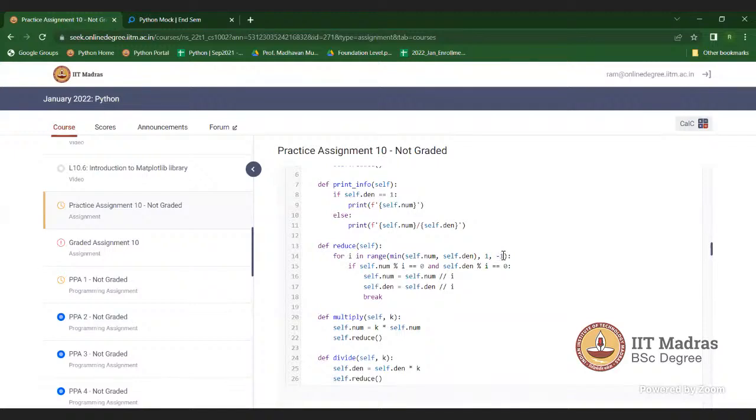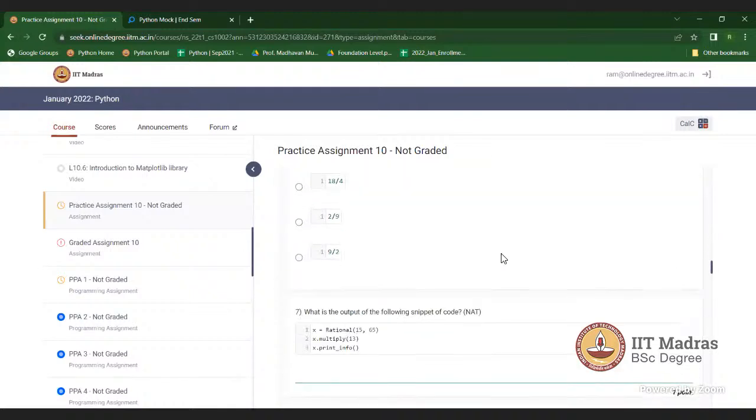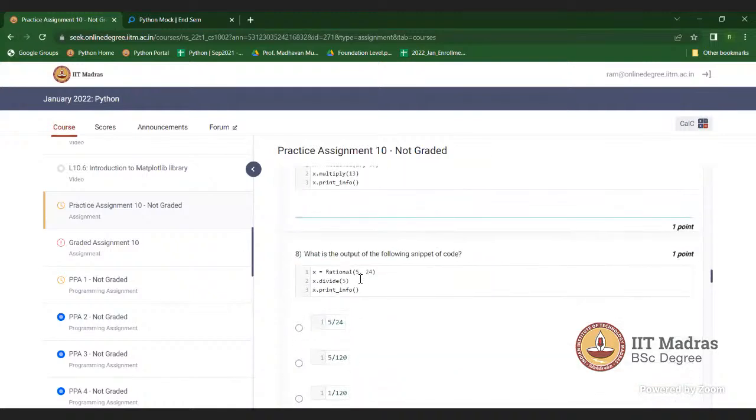So initially, in this example of 5 comma 24, the numerator is 5, the denominator is 24. After dividing it by 5, the numerator will be 5, but the denominator will be 24 into 5, right?